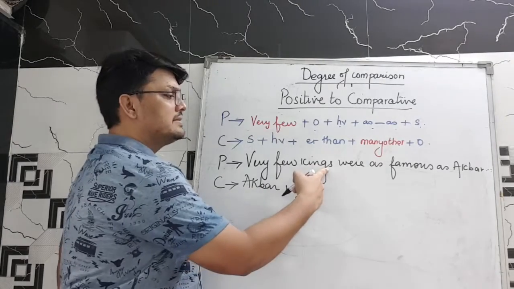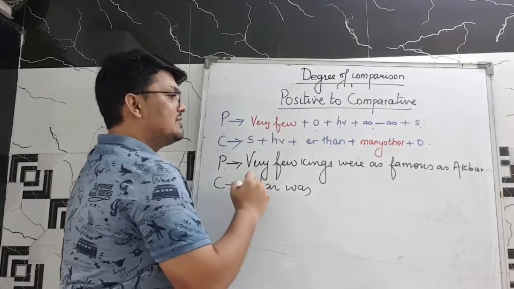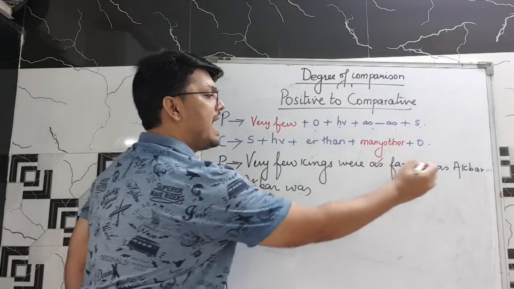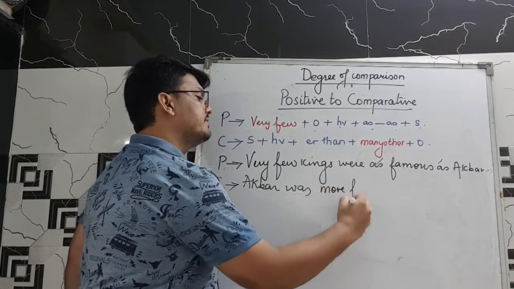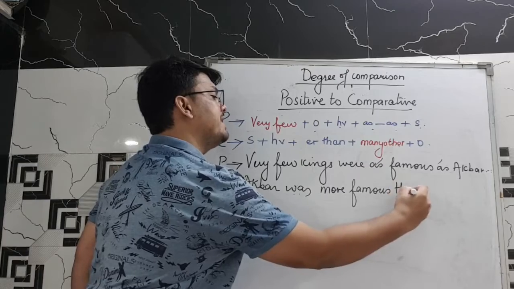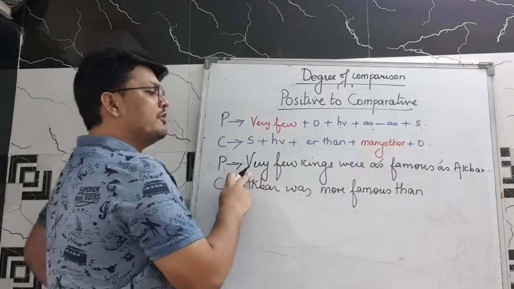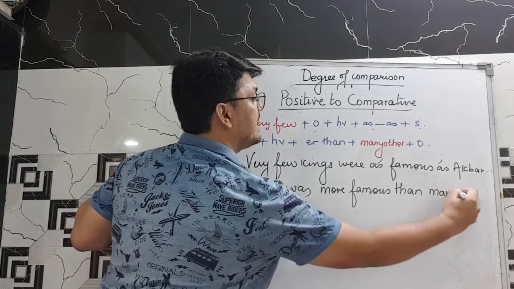Here kings was plural, so that is why I used were here. So Akbar was, as will be cancelled, more famous than very few will turn into many other kings.